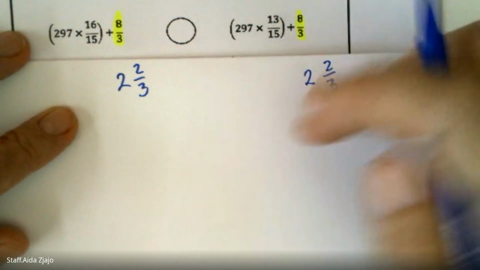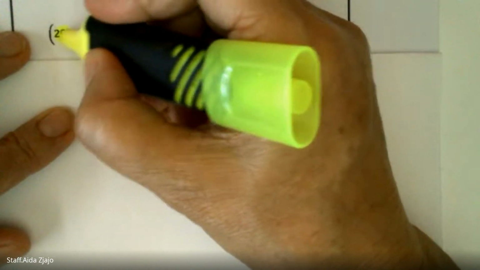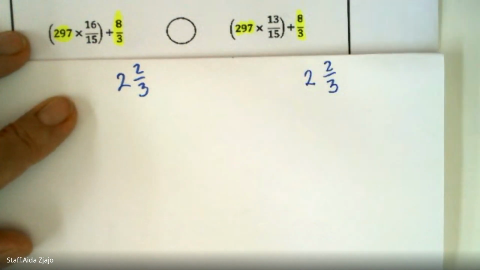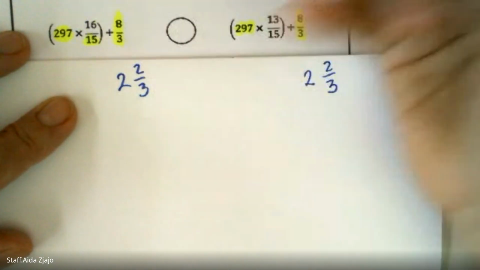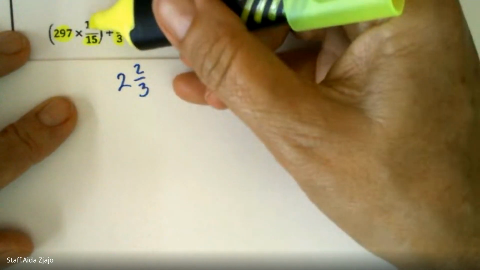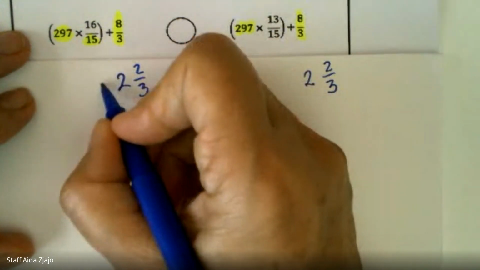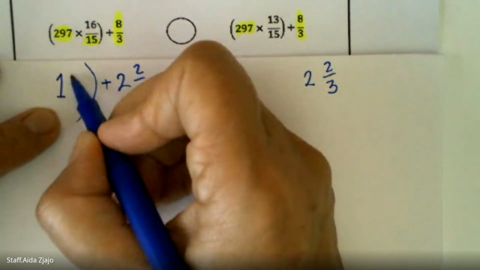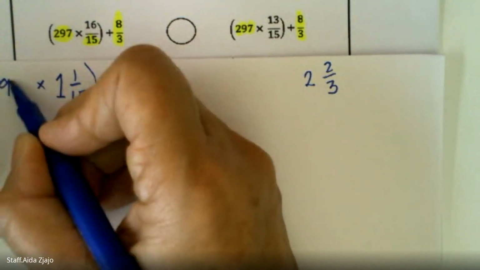Now, when I look at the parentheses, one of the factors is the same, that is 297, but the other fractions are not the same. This means 16 pieces, where 15 makes a whole, and I have 16 15ths. So here you have a whole and 1/15 times that 297.